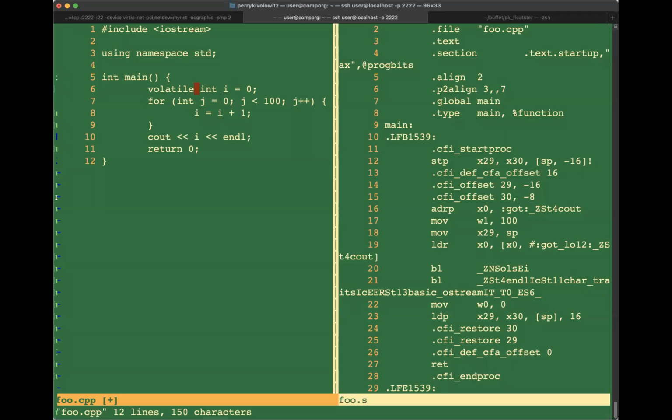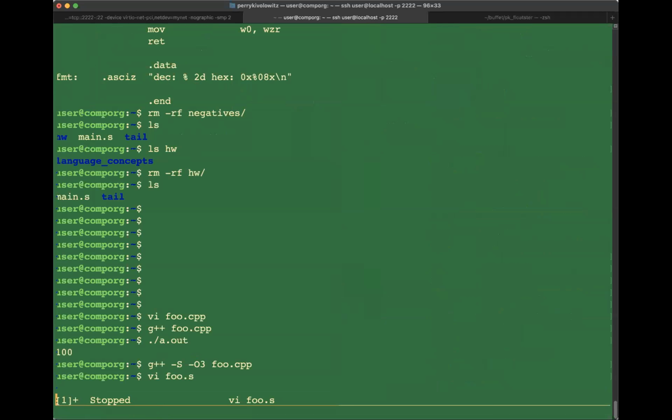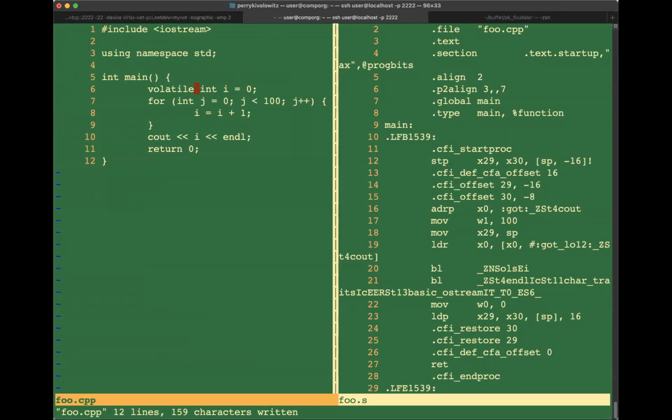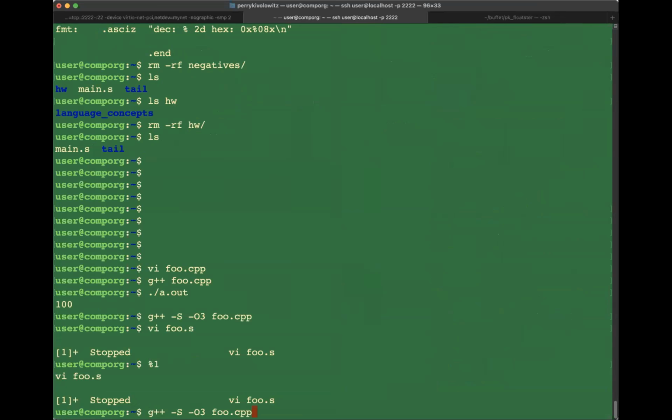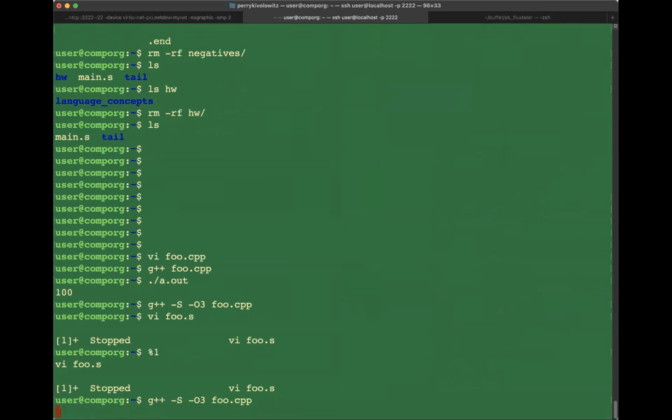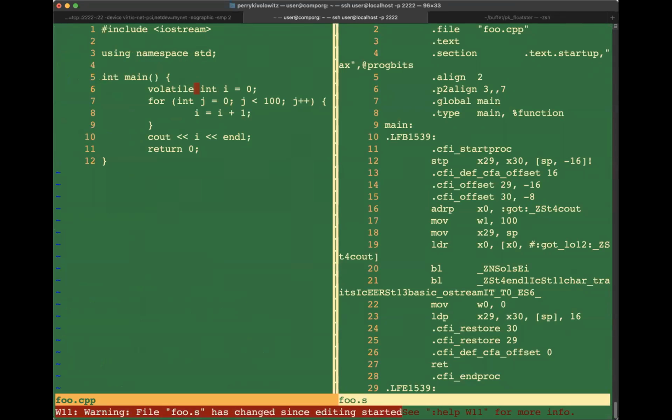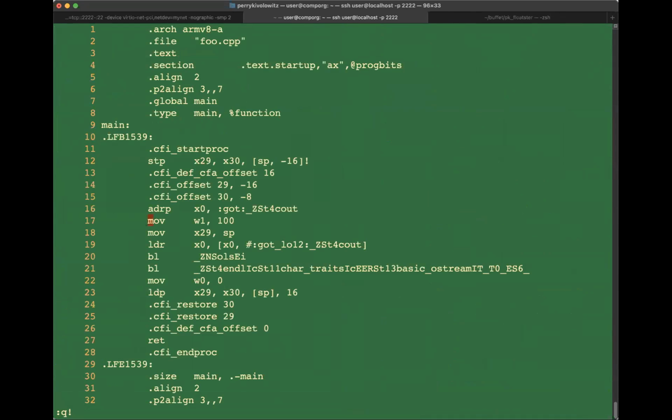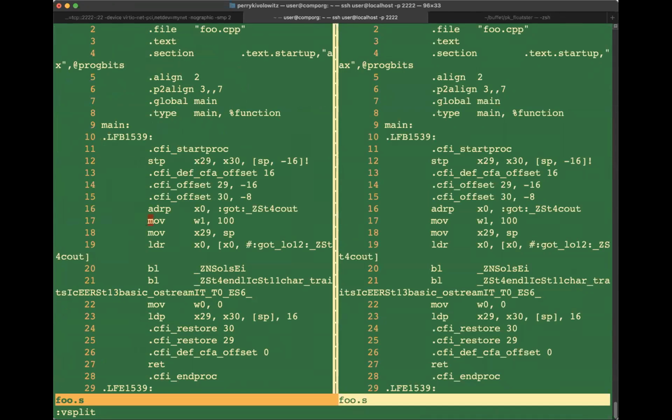Did I save it? I'm not sure I saved it. There, okay, now I've saved it. And I'm going to do the exact same thing. I wonder if vi will pick up the change. No. Okay, so let me just V split and edit foo.s.